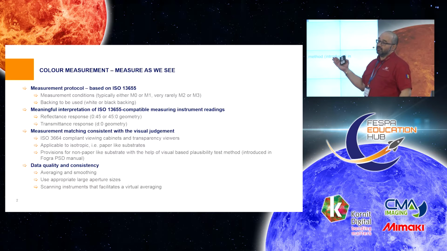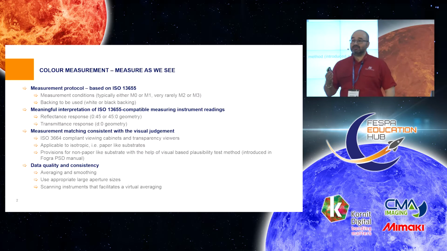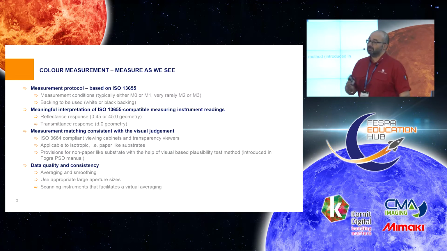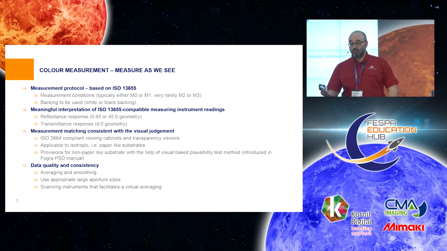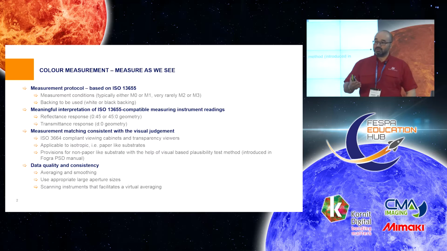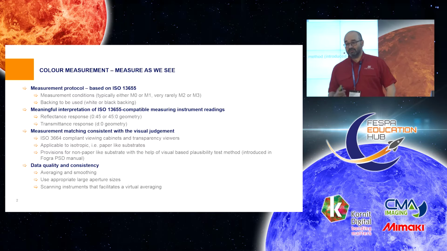One of the most important things of ISO 13655 is that it requires a meaningful interpretation of the measurement data. In very simple words, it means that the colorimetric data you get out of the measurement needs to be consistent with the visual appreciation of the human observer. This is applicable for what is called the 45/0 geometry and the 0/D transmissive geometry.